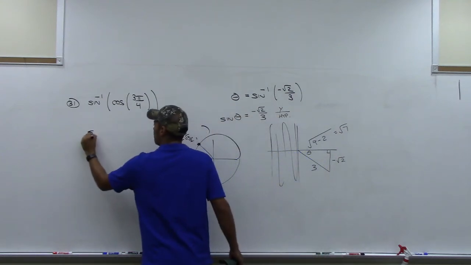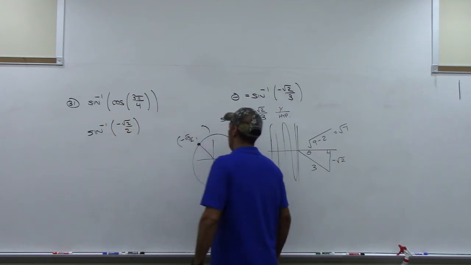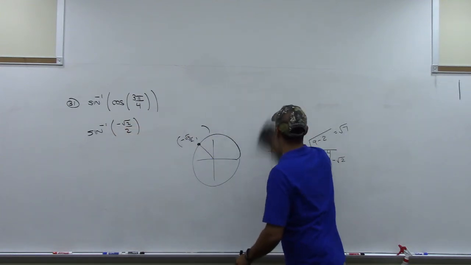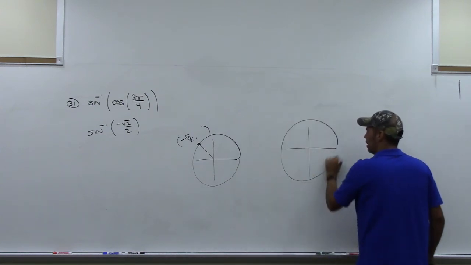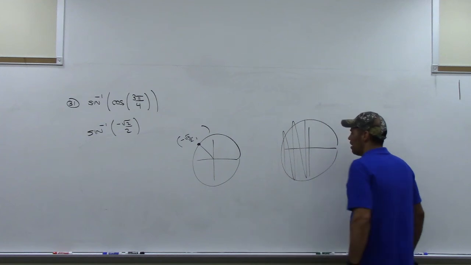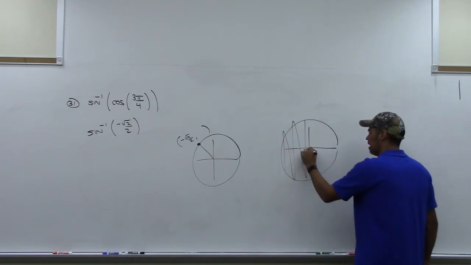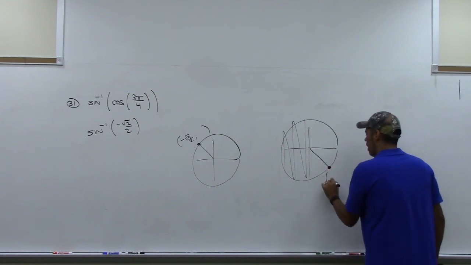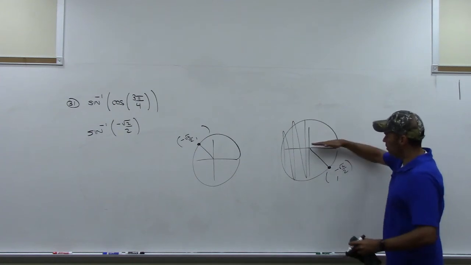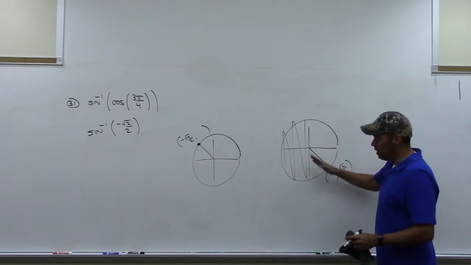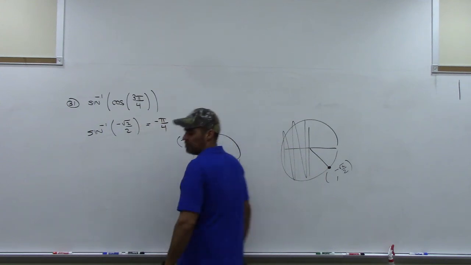So this should be arc sine of negative root 2 over 2. And now we start over with the new circle. We say, all right, we're doing an arc sine problem, so I can't look over here. Arc sine means I need to figure out the angle where the y-coordinate is negative root 2 over 2, and that's going to be down here. And that is negative 45 degrees, or negative pi over 4. So that's it.